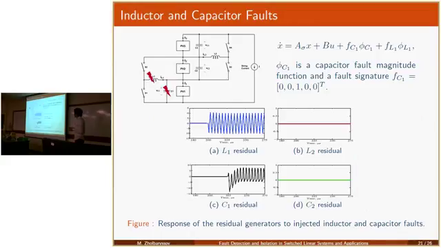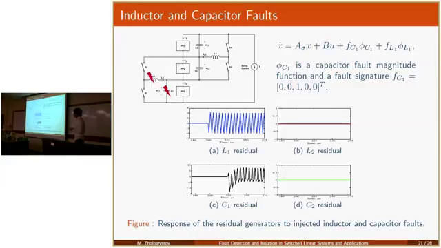And when we add the capacitor fault at time 225 microseconds, its corresponding residual oscillates, which is a good sign, and residuals for other faults do not respond to that fault.